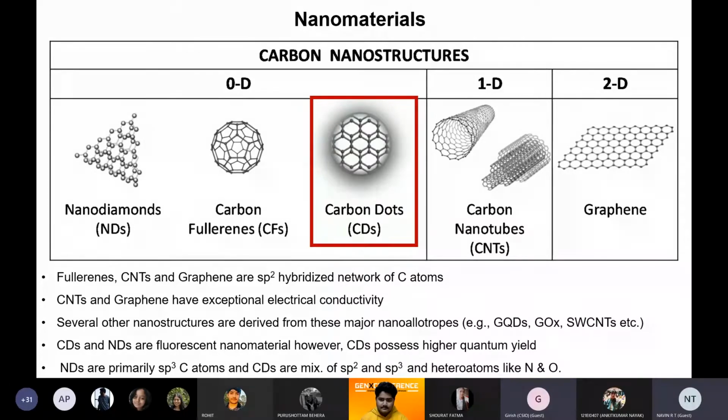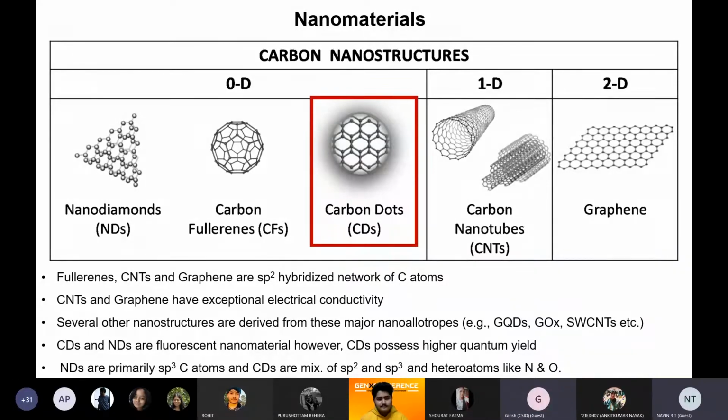They are very similar from physical characterization, but the major difference lies in the composition of their carbon atoms. Carbon dots are usually a mixture of sp2 and sp3 hybridized carbons, as well as some amorphous carbon atoms which are not arranged in any particular fashion, and there are many heteroatoms.